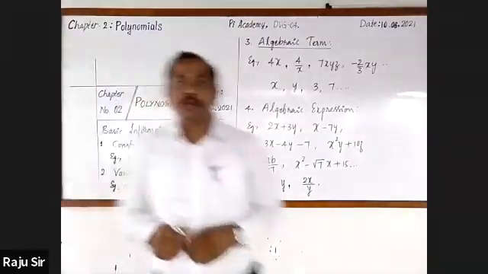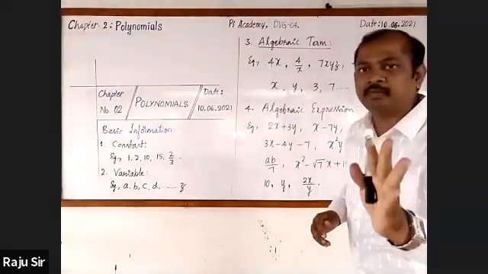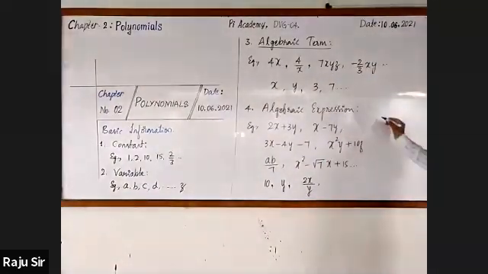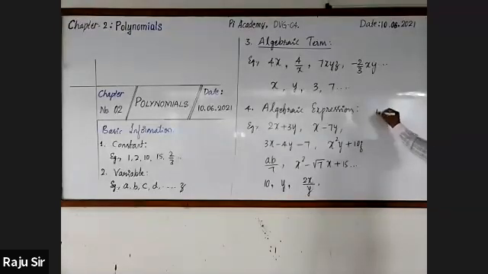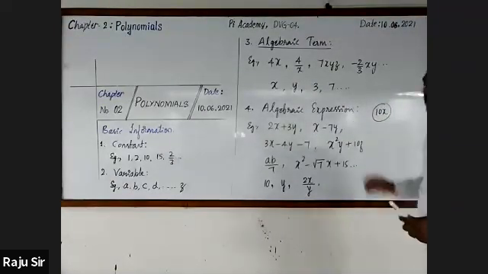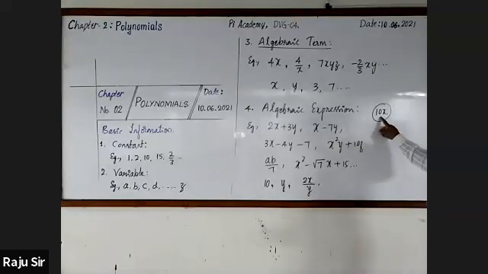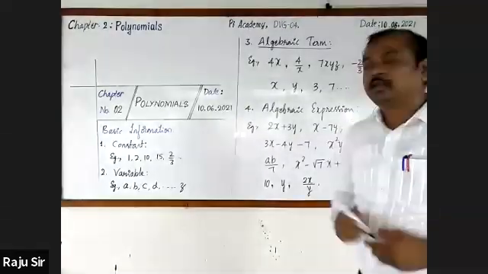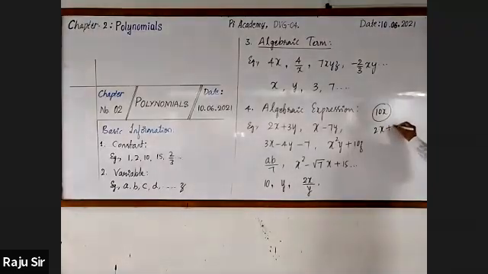Got it? Not types of polynomials. Just observe it. If I write just 10x, it is an algebraic expression having a single term only. It is called a monomial. If two terms are there, 2x plus y, it is an example for binomial. Bi means two, mono means one. Next, x plus y minus z.